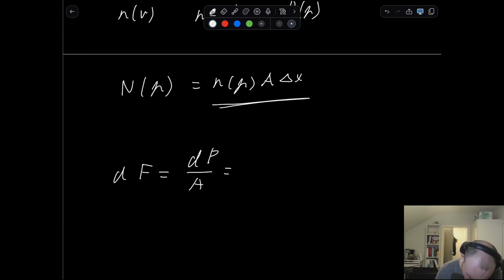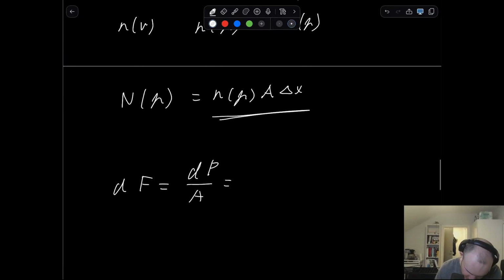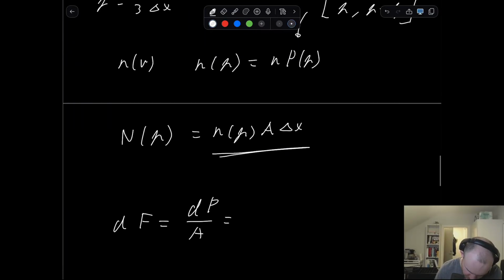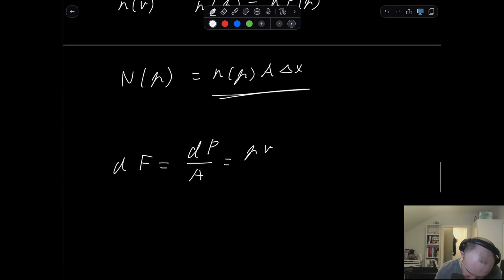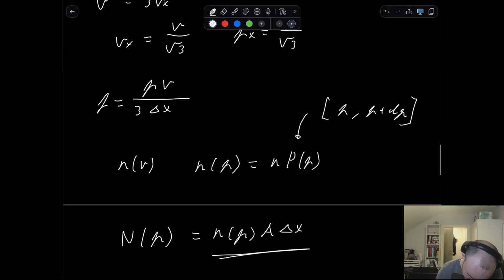Have I done that correctly? Am I thinking about something else? No, that should be correct, isn't it? Yes, the total number of particles. Okay, so now I just need that force equation, right? Because that's just for one particle. I just have the force equation.